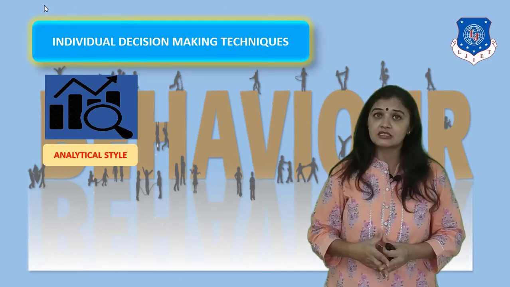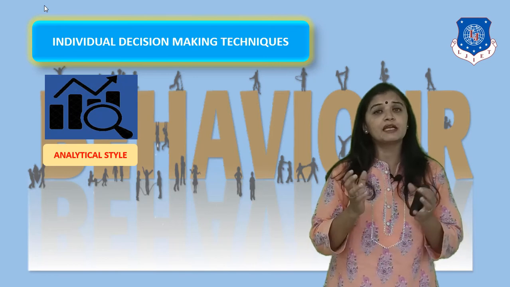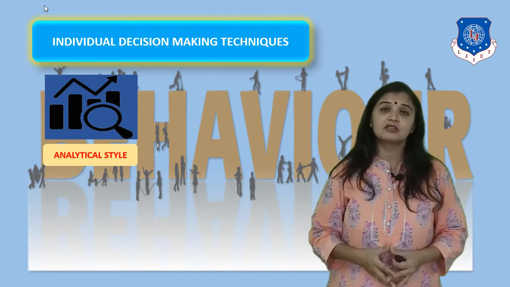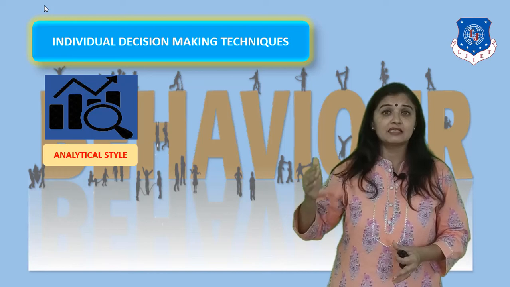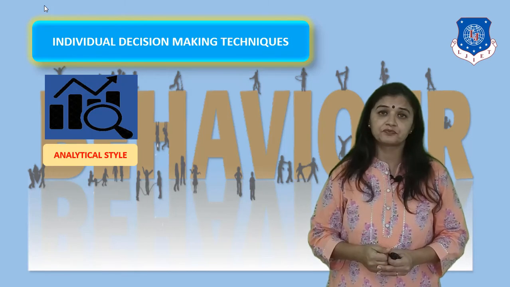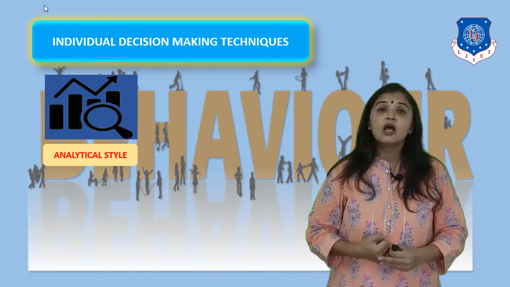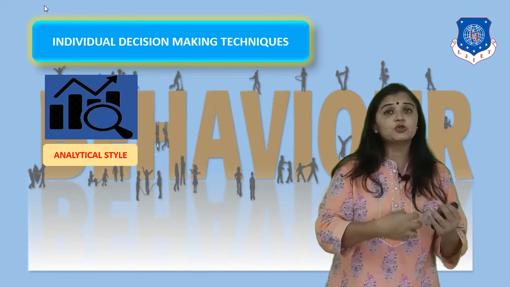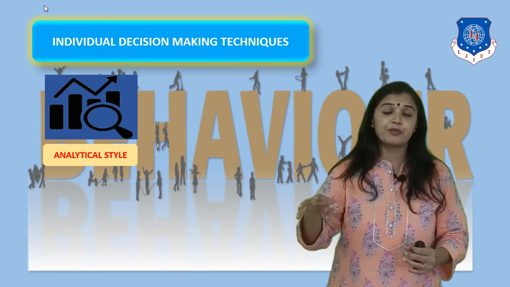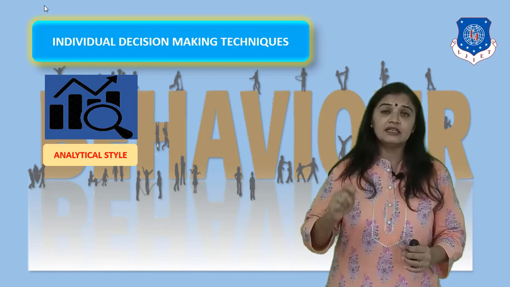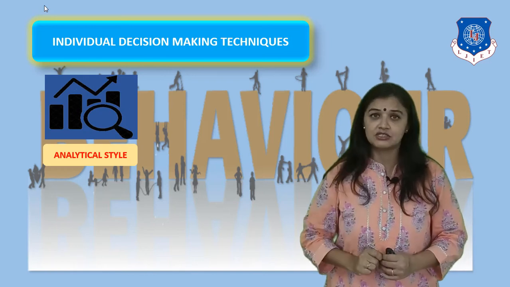As the word suggests, a person who wants to make choices from different options will try to analyze the particular situation. This person will take into consideration all the aspects of the choice, and then come to the best decision.